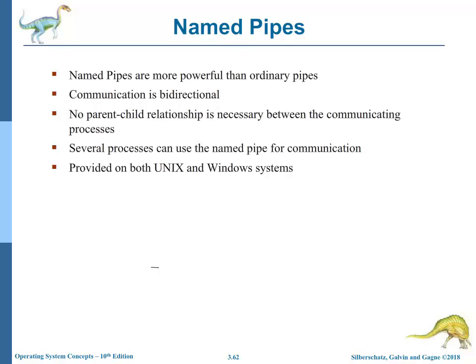A FIFO special file is entered into the file system by calling the mkfifo, make FIFO, function in C. Once we have created a FIFO special file in this way, any process can open it for reading and writing in the same way as an ordinary file. However, it has to be opened at both ends simultaneously before you can proceed to do any input or output operations on it.